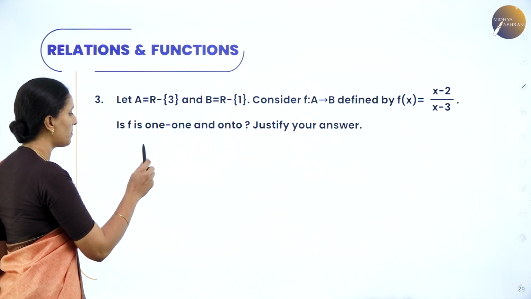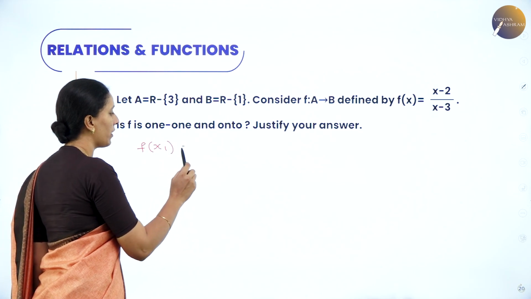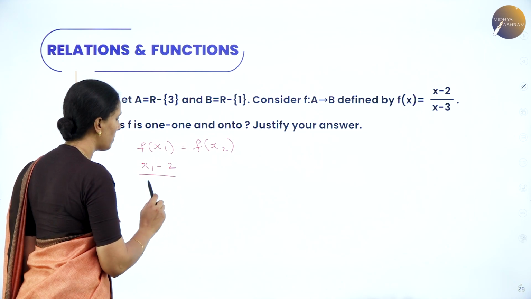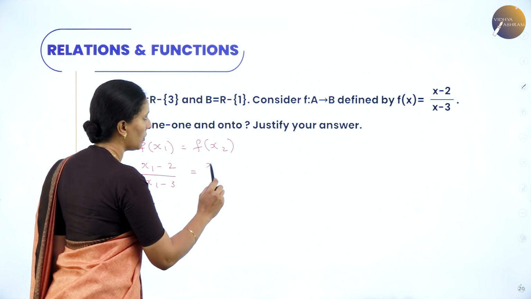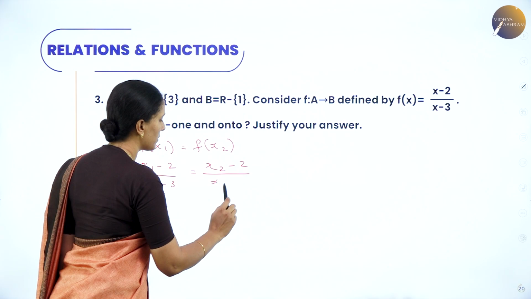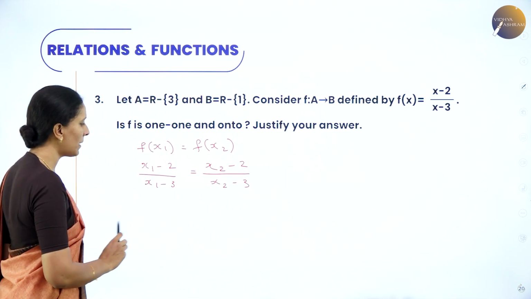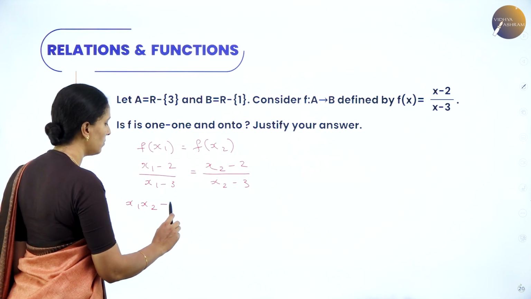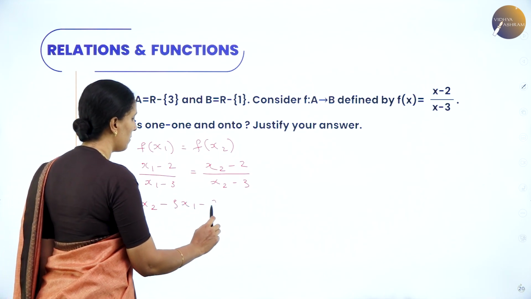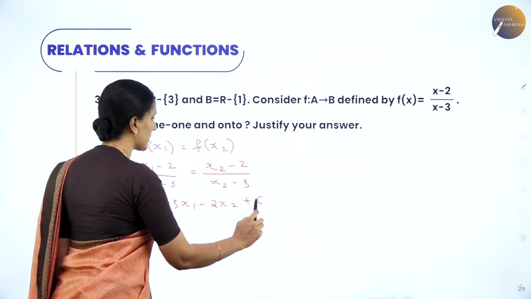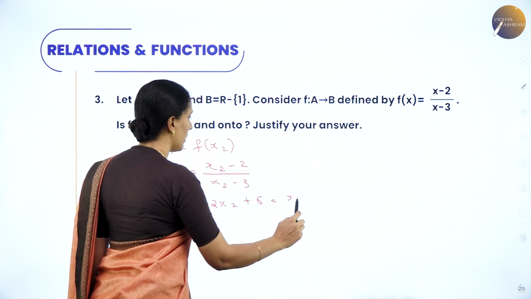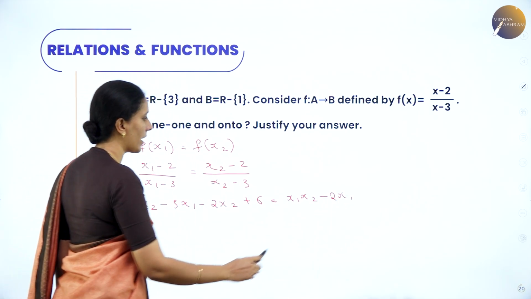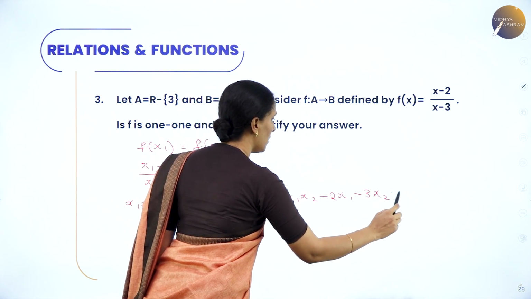So let's check this property with f of x1 is equal to f of x2. So then we'll get (x1 minus 2) by (x1 minus 3) equal to (x2 minus 2) by (x2 minus 3). Cross multiplying we'll get x1 x2 minus 3x1 minus 2x2 plus 6, and here again x1 x2 minus 2x1 minus 3x2 plus 6.